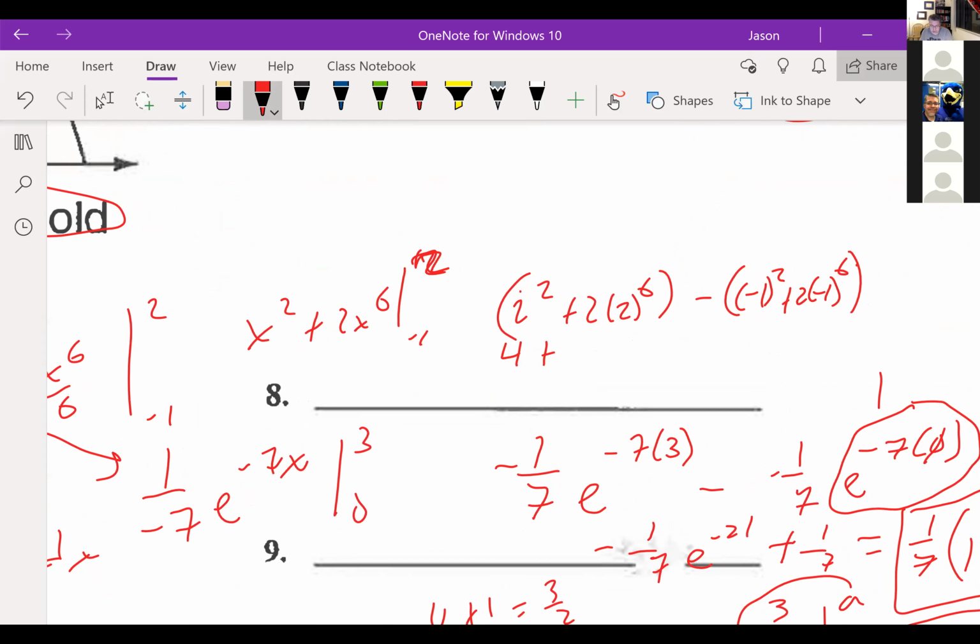What is that, 128? 2 to the 7th power is 128. Not too shabby. So 128 minus, this is negative 1 squared, that's just 1, plus 2 times 1, which is 2. So 1 plus 2 is 3. So this is going to be 129, I think. Good to know. Yep, that's correct.